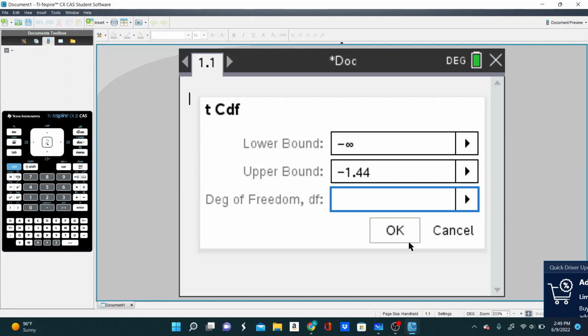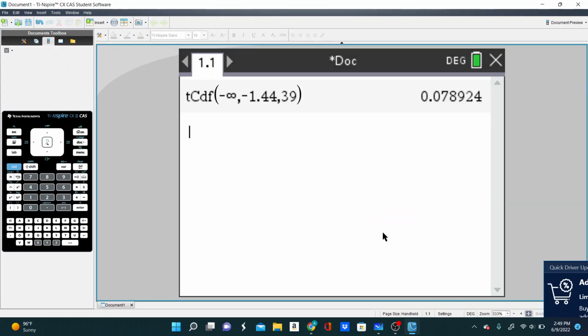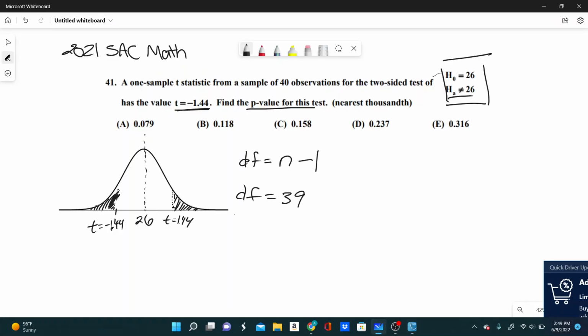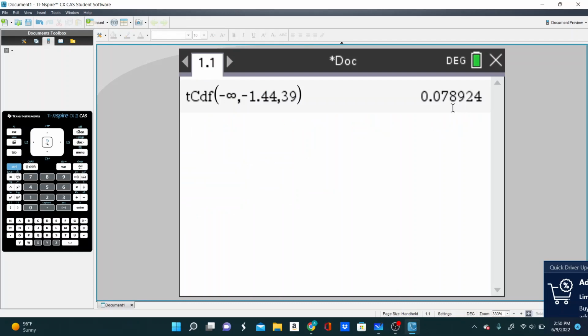So I'll just type that in, 39, click OK, and that tells you the area on one side. So it tells you that this area right here is around 0.079. So if you want to find the total area for both sides, all you have to do is multiply by 2. So you get a p-value of around 0.158.